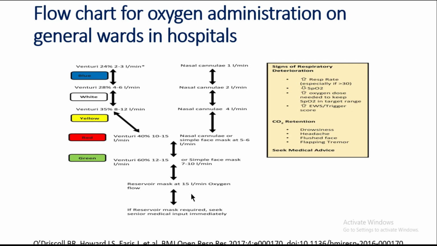After that we have to use the reservoir oxygen mask, which will provide 15 liters per minute. And obviously if a patient requires a reservoir mask, then seek senior medical input immediately.